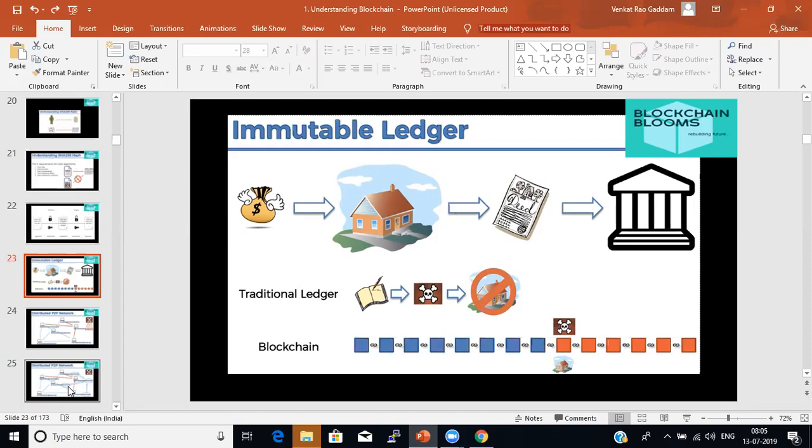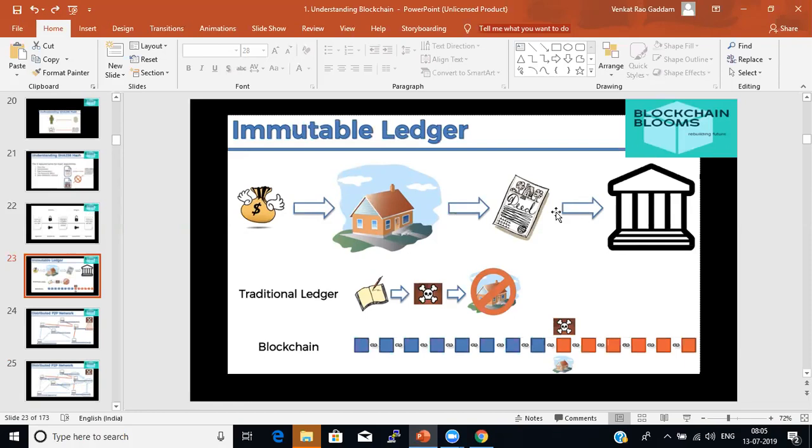So let us assume this is our current system. When we want to exchange a property, we are exchanging the property for money, and there is a legal department involved, the registration office, and they will issue a deed or the land title.